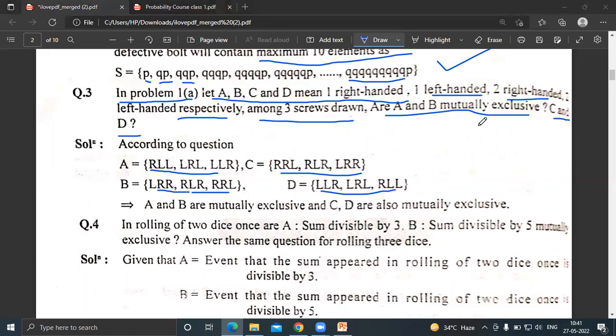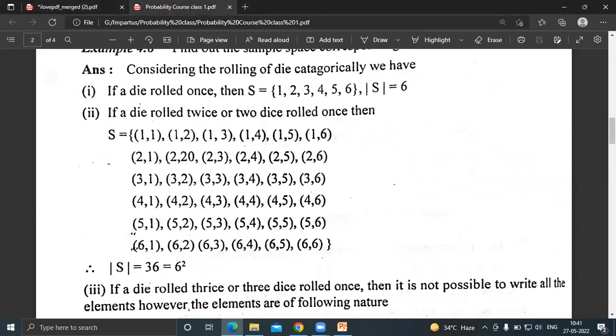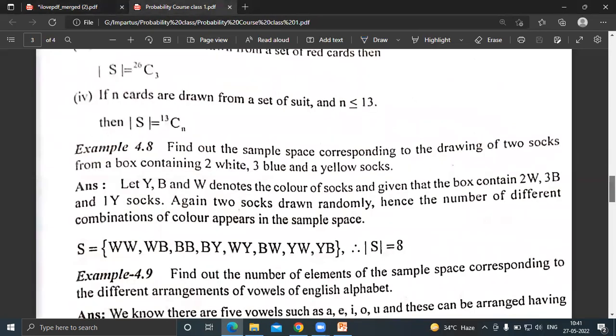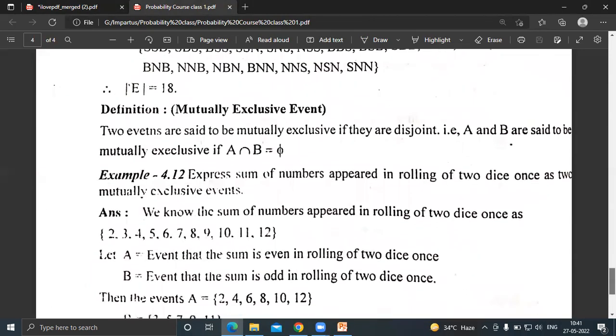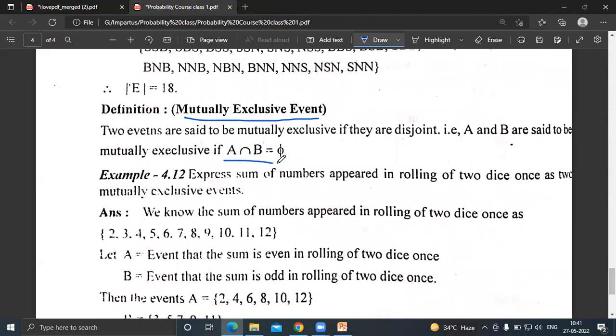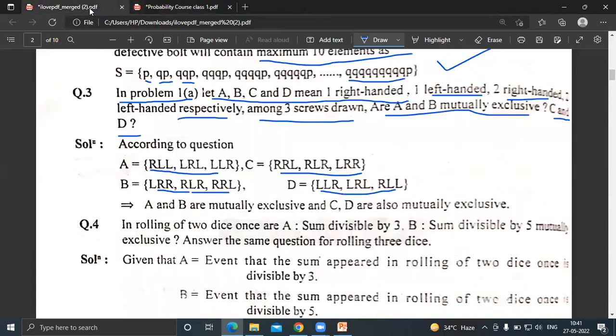Two events are said to be mutually exclusive if they are disjoint. We also solved many questions on mutually exclusive events in our previous video. So mutually exclusive means disjoint, that is A intersection B equals phi.